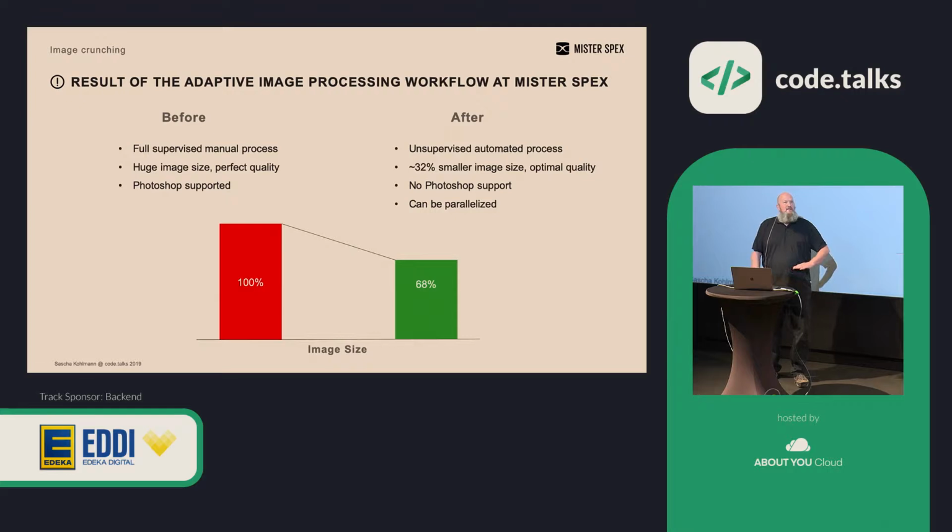After our process, we have shrunk the image size by around about 68% for normal images, and no manual task is there now, so everything is completely automated, which also means the person who did it before can now do completely other things in the company.